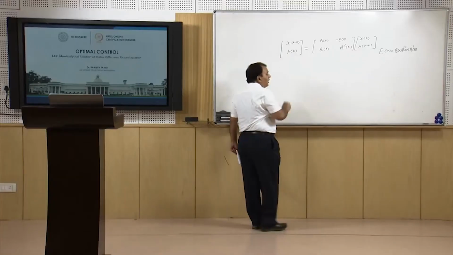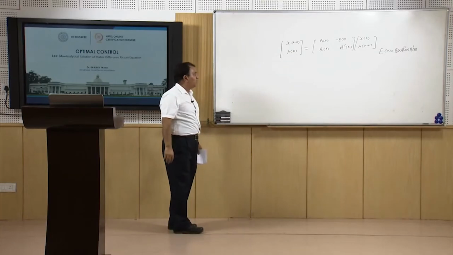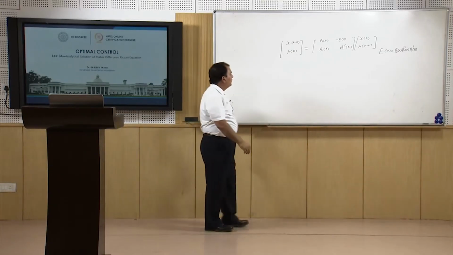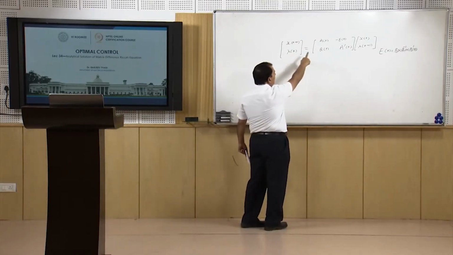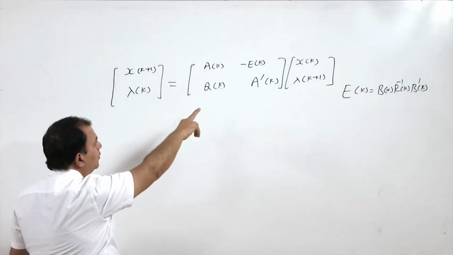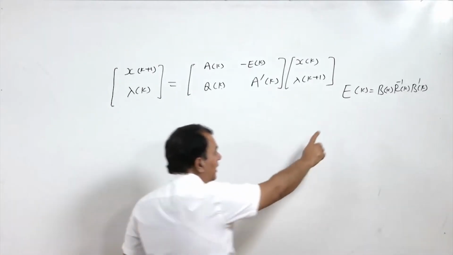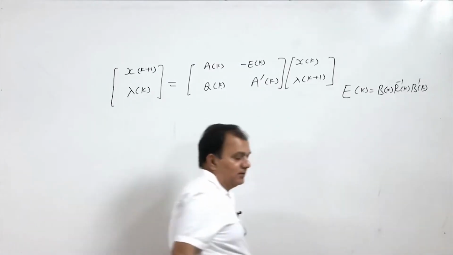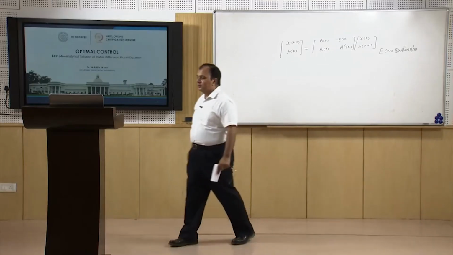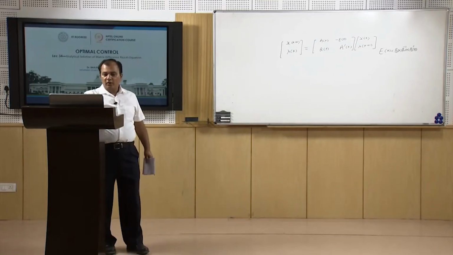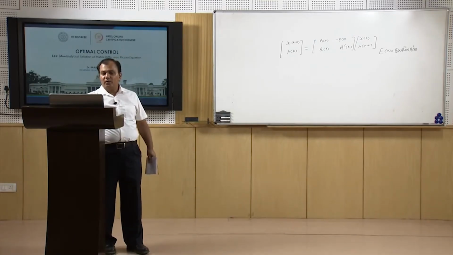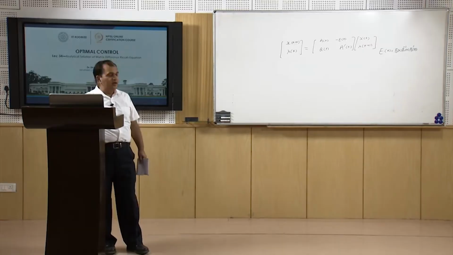We have derived that our Hamiltonian system we can represent as x of k plus 1, lambda of k as A k minus E k, Q k A prime k, x k lambda k plus 1, where E k is B R inverse B prime. So, now this set we have to convert in terms of the x k and lambda k.